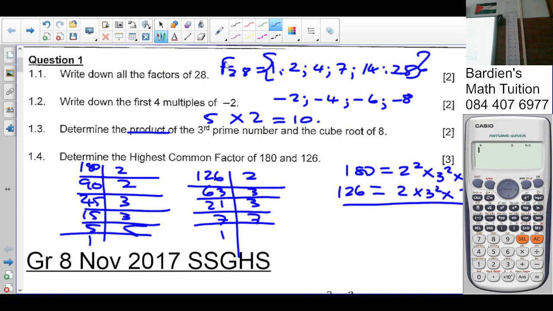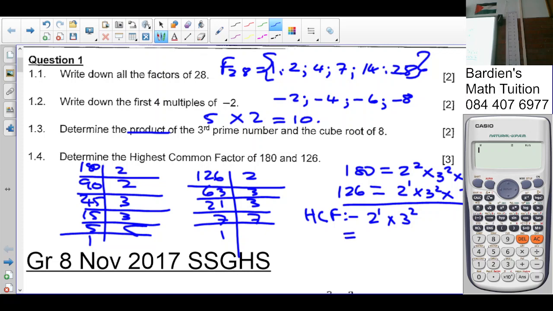So for the highest common factor, the base has to occur in all of them, and you take the lowest power. The base 2 occurs in both, and the lowest is 2 to the 1. 3 occurs in both, and the lowest is 3 squared. 5 does not occur in both, so I don't consider 5, and I don't consider 7 either.